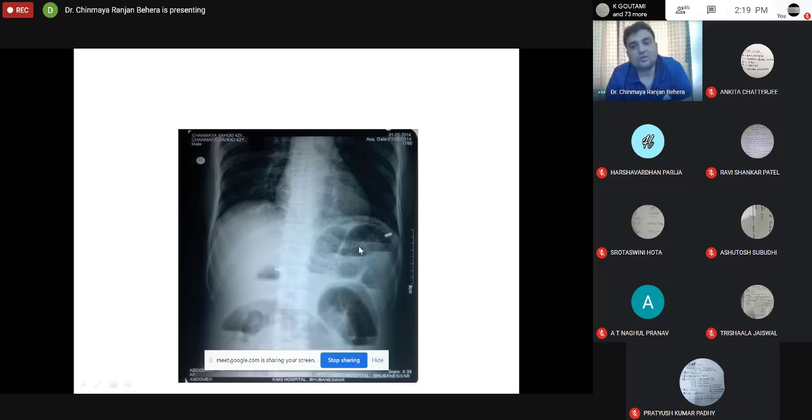Now you know there are multiple air fluid levels in the abdomen, that is suggesting intestinal obstruction. Now further you need to know whether it is a small bowel obstruction or a large bowel obstruction.